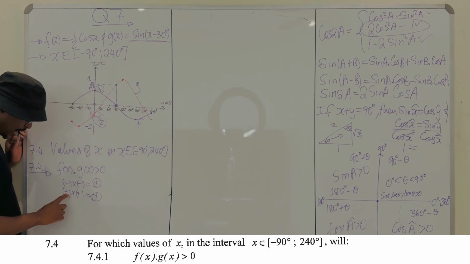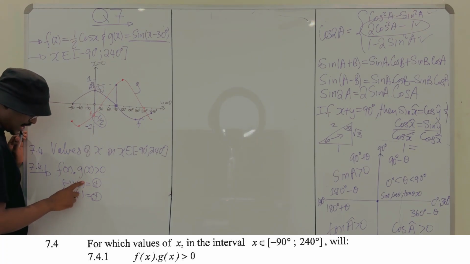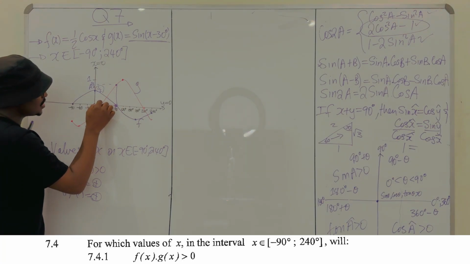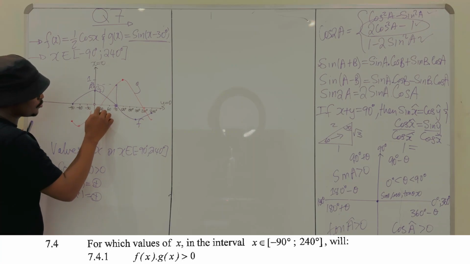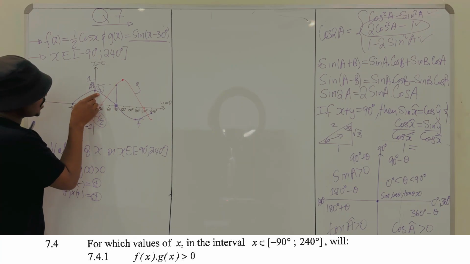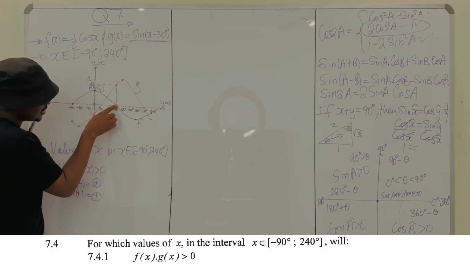We want where both of them are positive or both of them are negative. Now, let's look at between 30 and 60 degrees. You can see the red function is positive from this point to 90 degrees, right? And this one is positive as well, but 0 there, right?